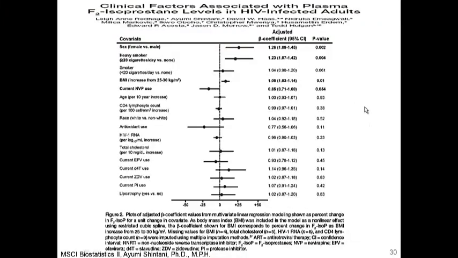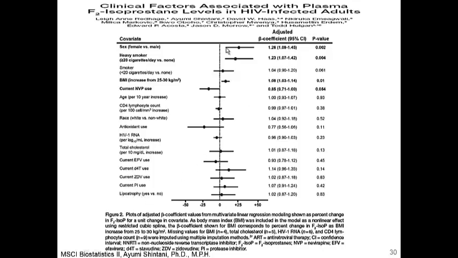This is actually the table we published in this paper. So we actually included a lot more variables in the model. So we adjusted for sex and smoking, BMI, current NNRTI use, age, CD4 count, race, antioxidant use, viral load, and total cholesterol level, and current EFV, D4T, AZT, and PI, protease inhibitor use, and presence of lipoatrophy.